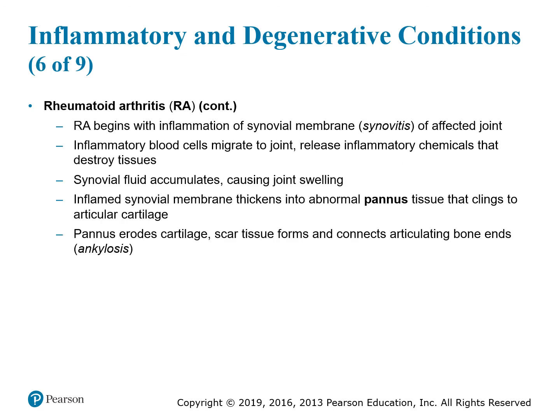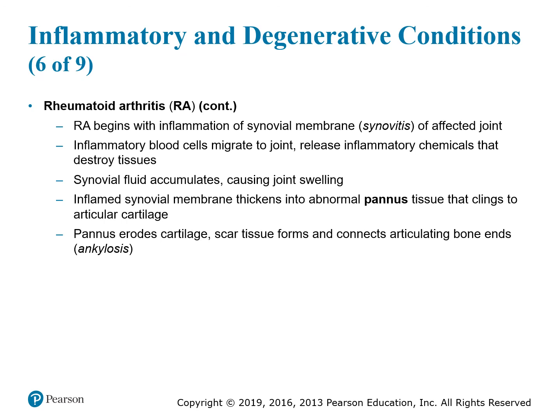Rheumatoid arthritis usually begins with the inflammation of the synovial membranes of the affected joint, known as synovitis. The inflammatory blood cells migrate to the joint and release inflammatory chemicals that end up destroying the tissues.